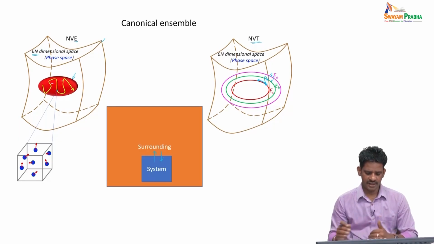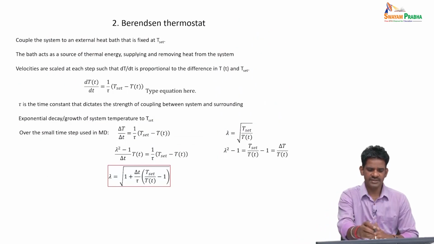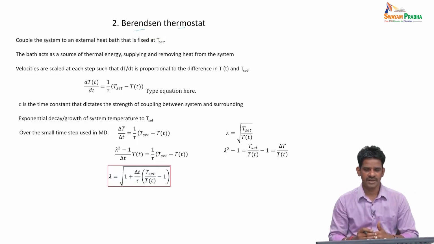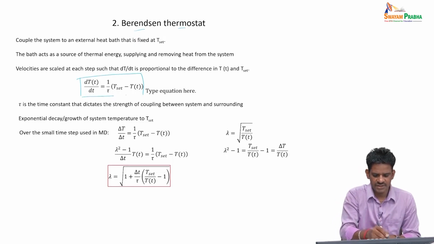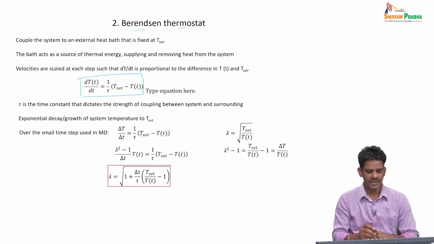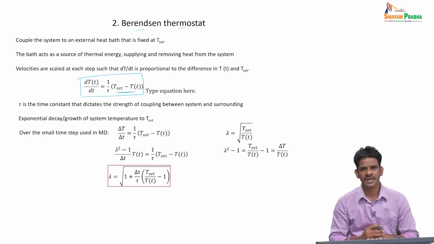So now in this thermostat that I am going to talk about, which is known as the Berendsen thermostat, we assume that the heat transfer is proportional to the temperature difference between the system and the surrounding. So we think of this as a first order process, and we model the rate at which the temperature of the system changes with respect to time as proportional to the temperature difference between the system and the surrounding.